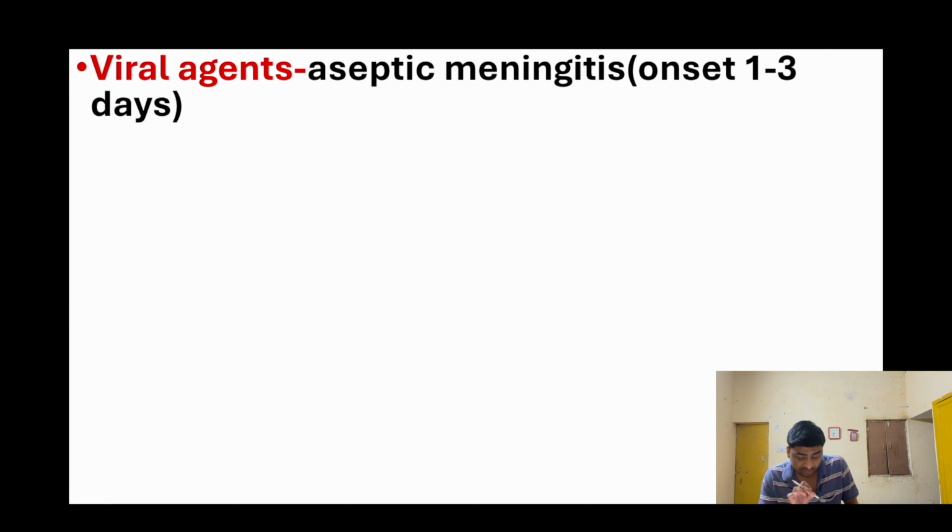Now come to the viral agents of meningitis. Viral meningitis is also known as aseptic meningitis. The onset of viral meningitis is 1 to 3 days.